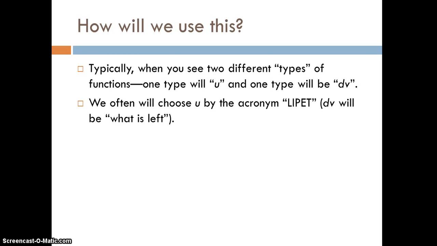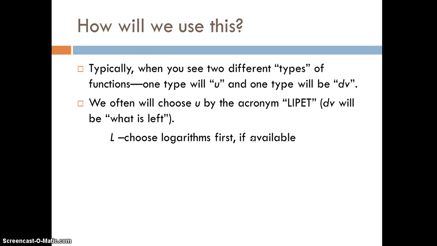Before we do that, actually, let's talk about the different ways that you could choose a u and choose a dv. Typically, when you see two different types of functions, you're going to make one type u and the other type will be dv. And the acronym LIPET, which is a weird acronym but will help us out, will help us choose what we want u to be. It's not something that we're going to use every single time, but it gives us a decent idea.